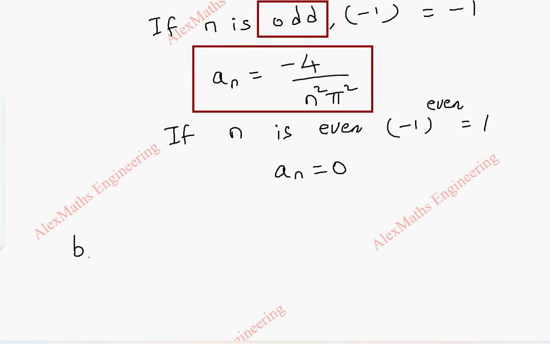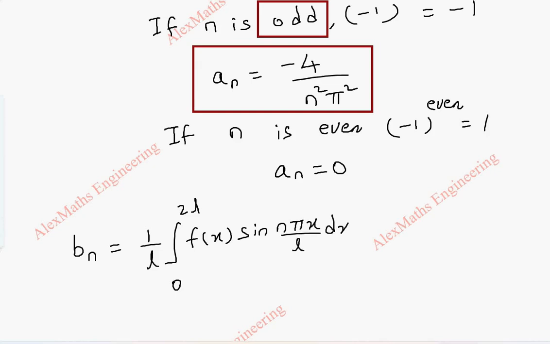Now coming to bn, it is 1 by L integral 0 to 2L f of x sin n pi x by L dx. Let's use the value of L as 2. So integral 0 to 4, we have half f of x sin n pi x by 2 dx.